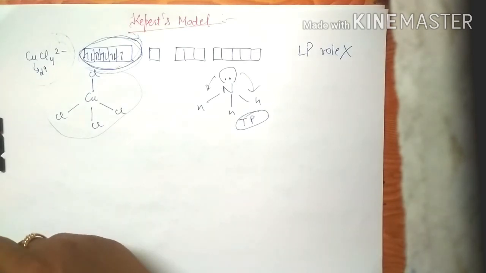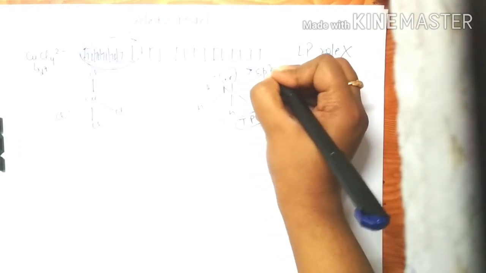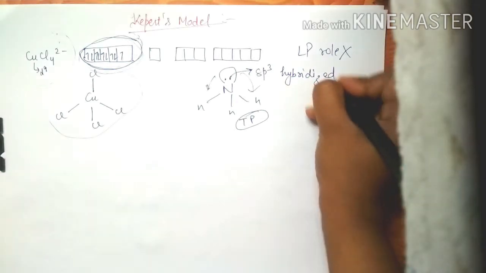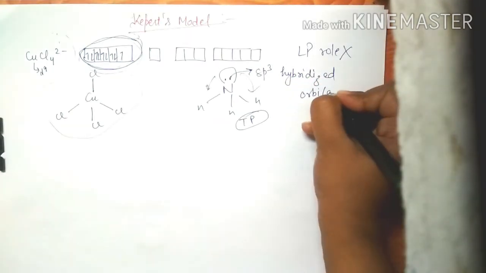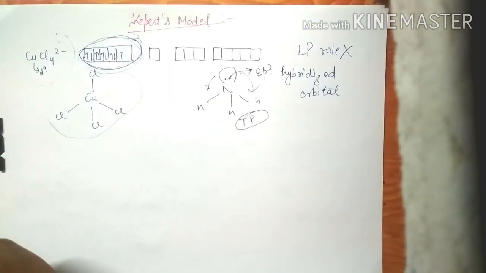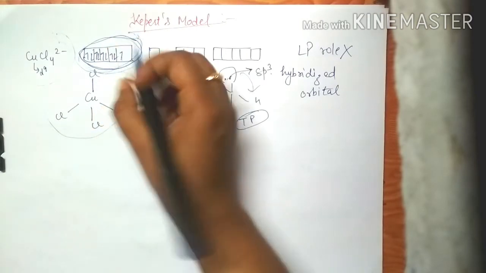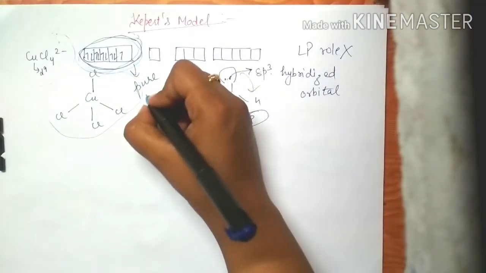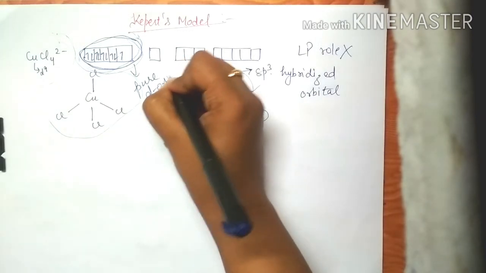The reason is this. See, in the case of ammonia, this lone pair was present in an sp3 hybridized orbital. This we have studied in chemical bonding, right? This lone pair is in an sp3 hybridized orbital, and these lone pairs are in pure d orbitals.